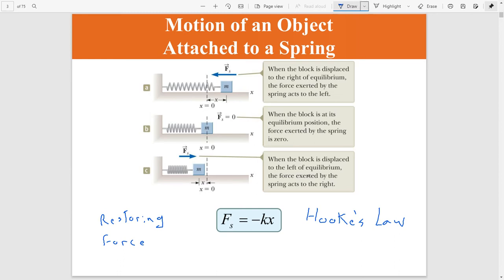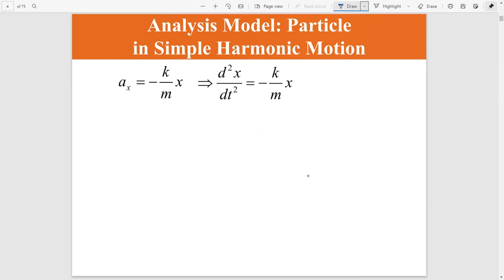By Newton's second law, then, the restoring force is equal to the mass of the block times the acceleration the block undergoes at a certain displacement from equilibrium. We are not worried about the mass of the spring in this simple model.